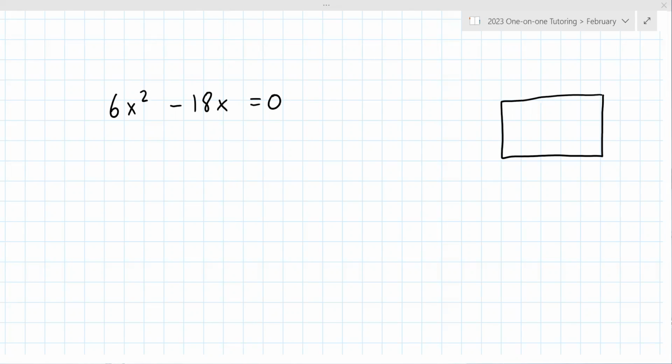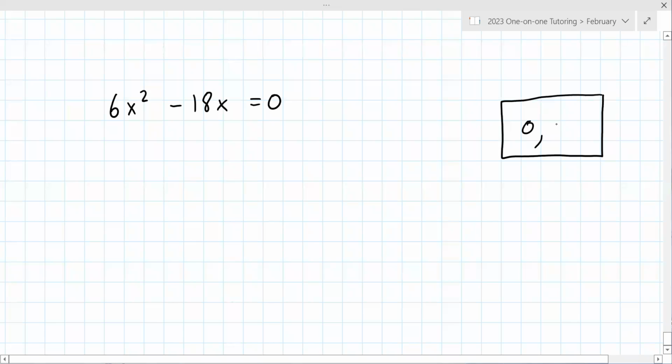My final two answers: x equals 0, x equals 3. That is correct. Good.